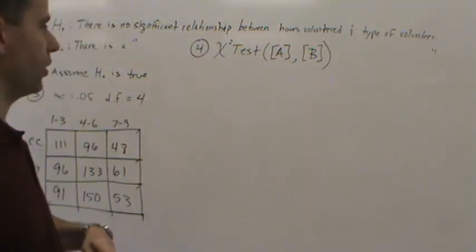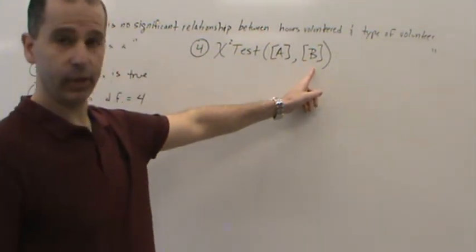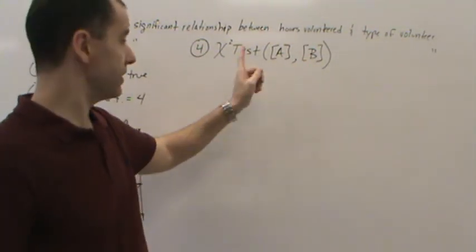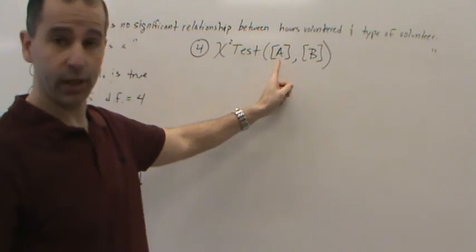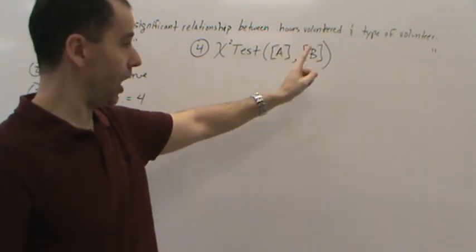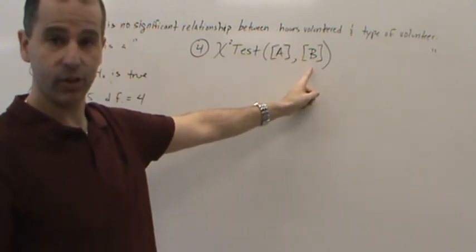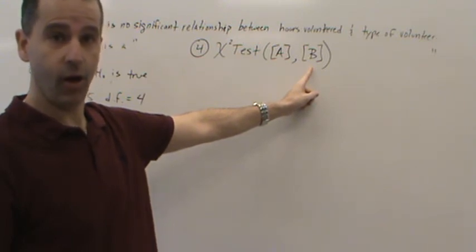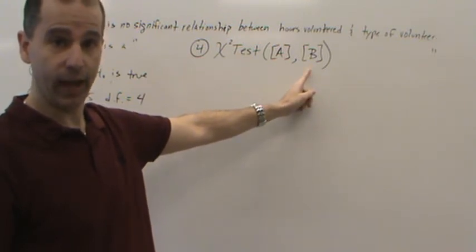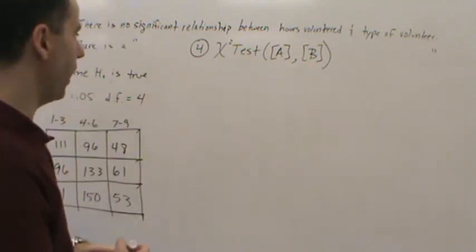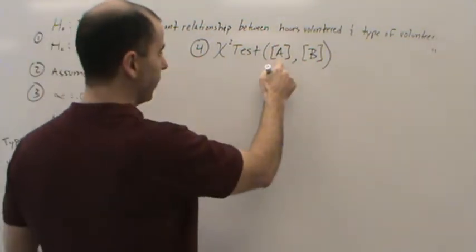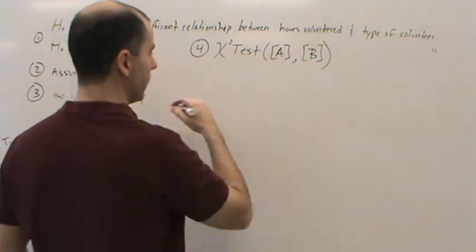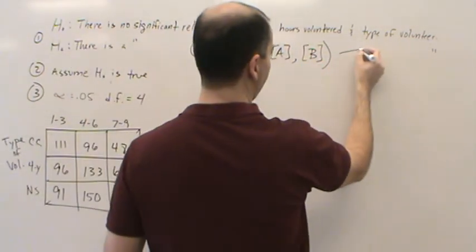Now, I always thought you had to calculate and create this, but as long as you put in your A matrix, this test will automatically create your B matrix and calculate all of the expected values for you. I didn't know that until just now. So now all we have to do is put in our A matrix and it will do the rest for you. And so watch this.